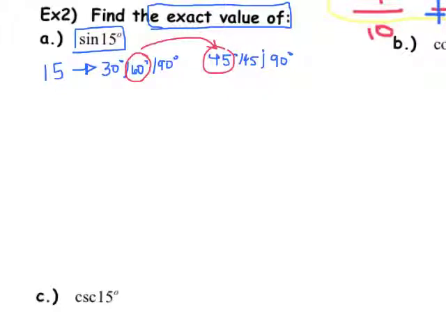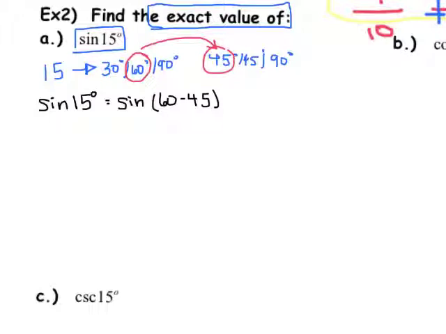So I can start by saying, since I can't evaluate sine of 15 degrees, instead, let me evaluate sine of 60 minus 45. So we're choosing two numbers that we can evaluate, because then when we break it up according to the sum and difference, I will be able to break that up correctly.